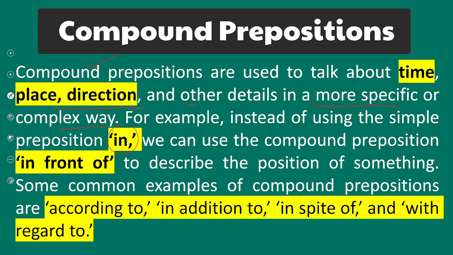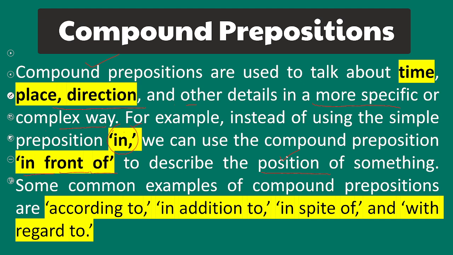Yes, we can do it. We have a compound preposition actually made up of three words: in front of. This is an example of a compound preposition. We have three words and all of them are prepositions. In was very simple, but if we use in front of, we can describe the position of something.